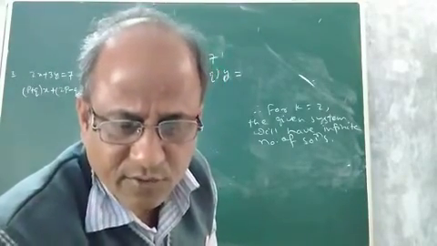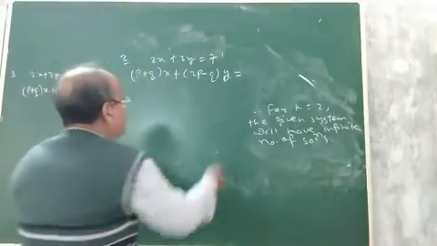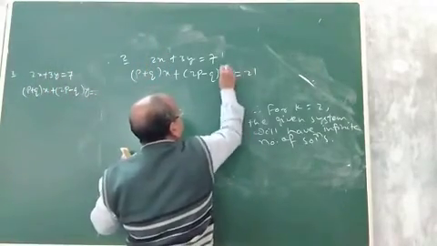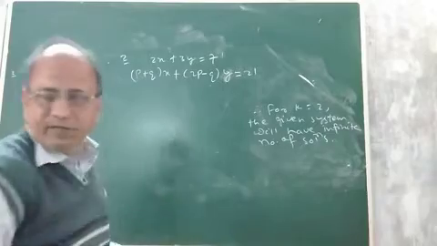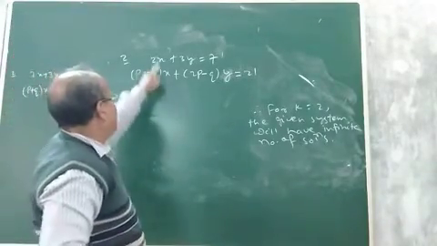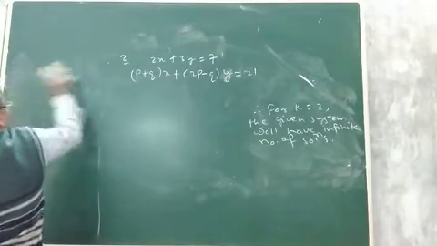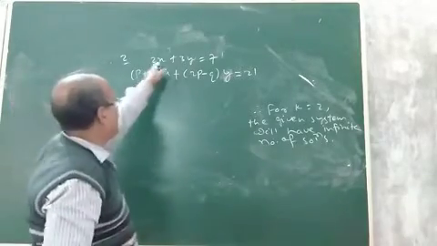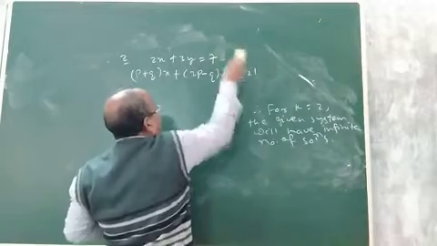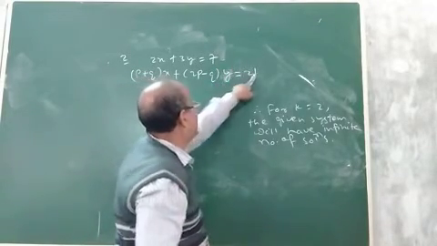This is the question. Suppose you are given a pair of linear equations like this in this form: 2x plus 3y equal to 7, and (p plus q) into x plus (2p minus q) into y equal to 21.